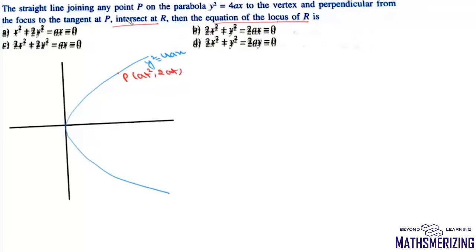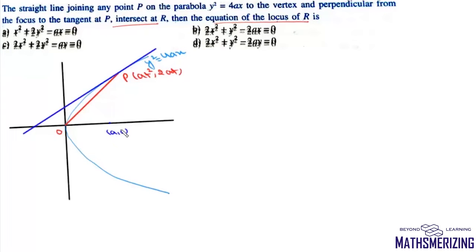Now straight line joining any point P to the vertex. So we need to join this P to O. So this is OP, and perpendicular from focus to the tangent at P. So we have this tangent at P. And then we have this focus, which is (a, 0).